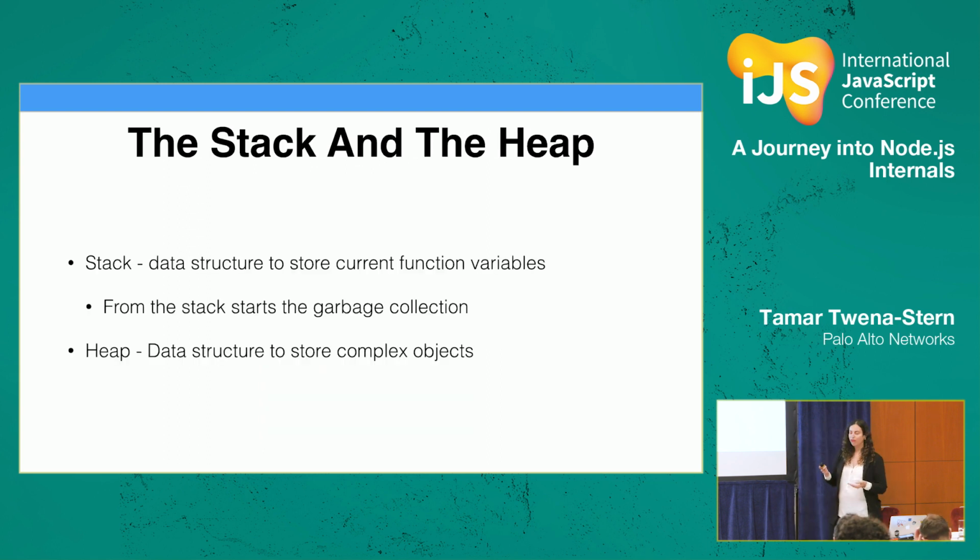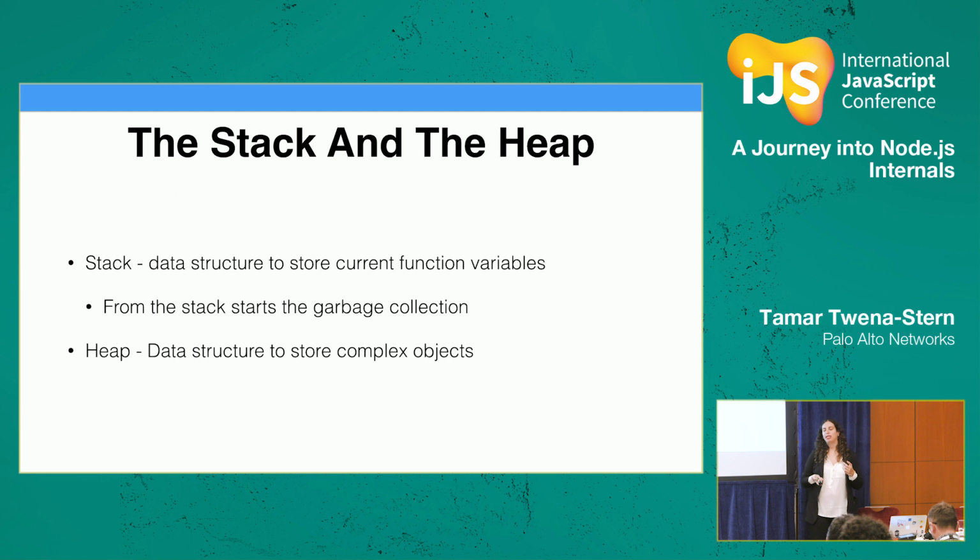The stack is a very quick data structure to hold a function pointer. The garbage collection process starts from the stack, meaning that an object is considered active only if it has a pointer on the stack, or only if it's connected in the object graph to an object which is on the stack.